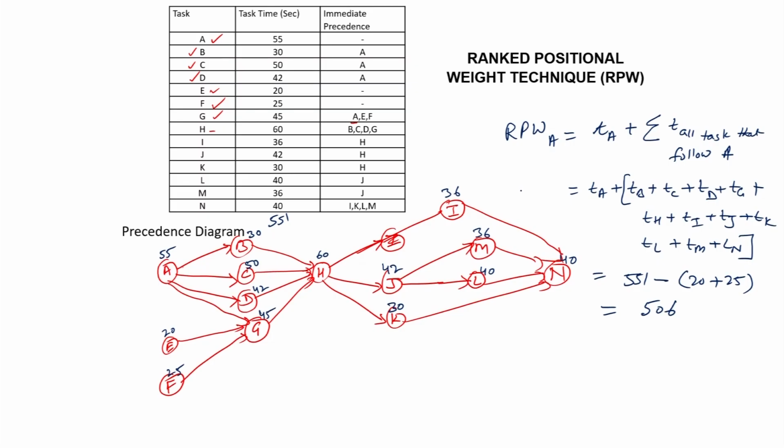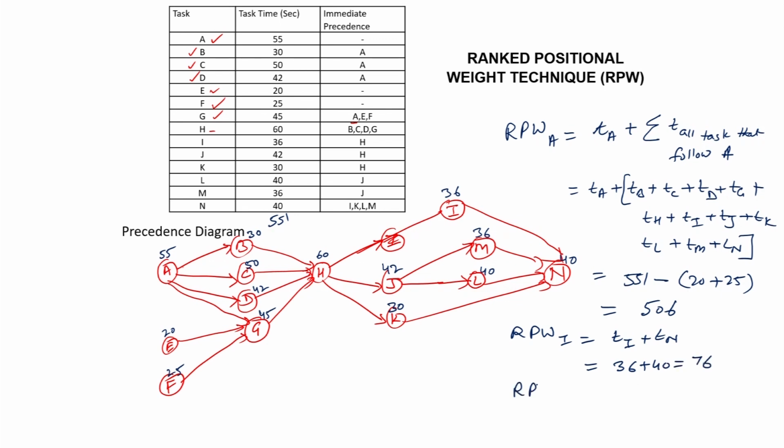Similarly, if I have to calculate the RPW of, let us say, element I, that is equal to T I plus, since I is followed by N, T N. So, that is equivalent to 36 plus 40 is equal to 76.